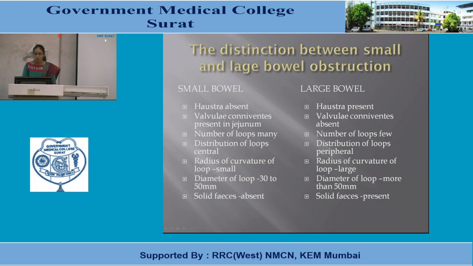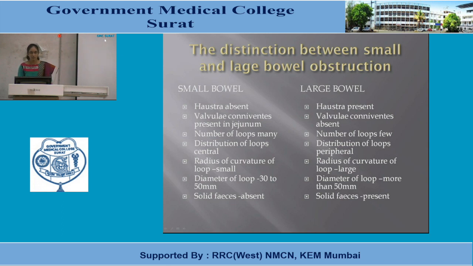Radius of curvature of the loop is small in case of small bowel because of its location, and radius of curvature of the loop is large in case of large bowel obstruction. Diameter of the loop is generally 30 to 50 mm or 3 to 5 centimeters in case of small bowel obstruction, while diameter of the loop is more than 50 mm in case of large bowel obstruction.